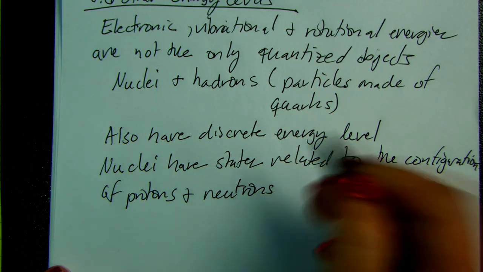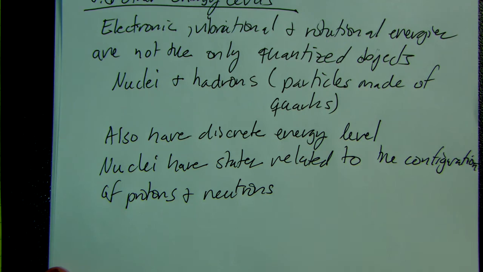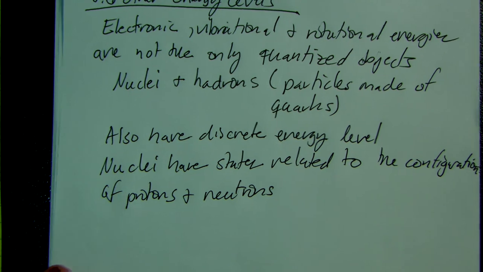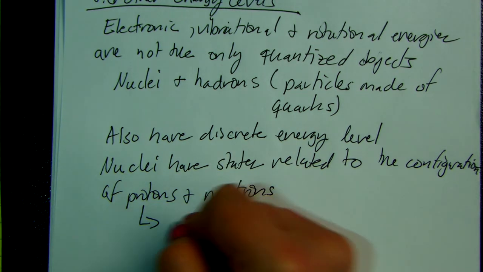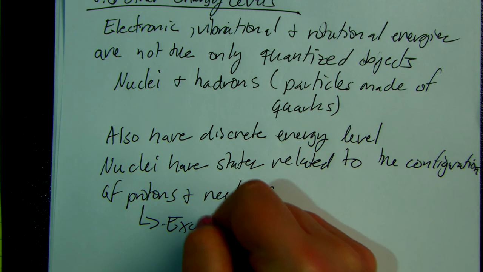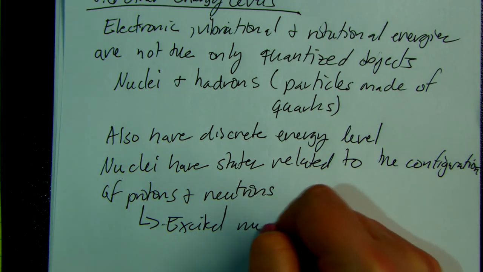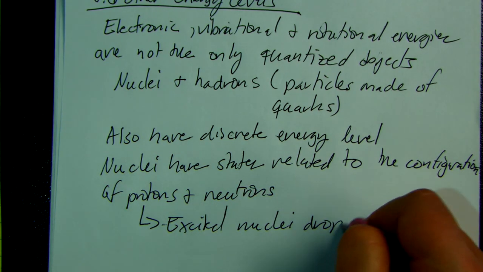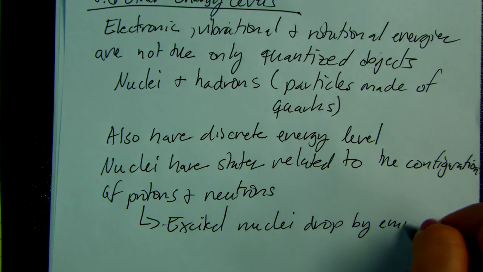So how the protons and neutrons within the nucleus of the atom are arranged in and of themselves have allowed quantum states. And excited nuclei drop by emitting photons.